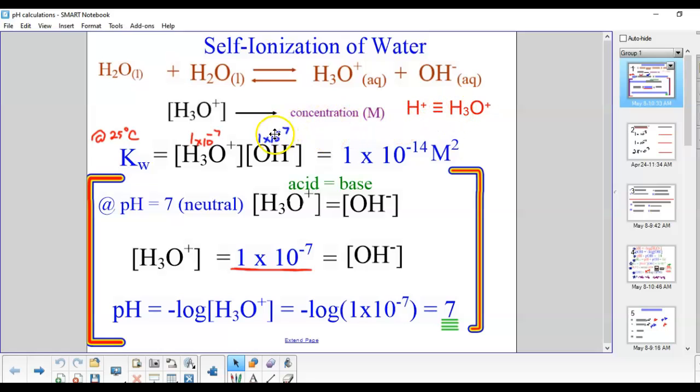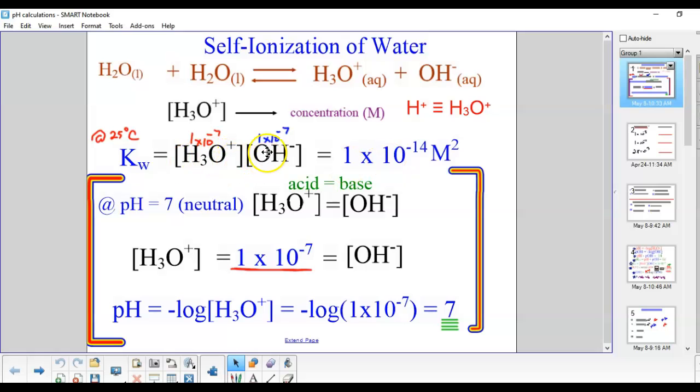Now, when you do this and you do some math, you end up with what's called the equilibrium constant for water, Kw. And it is the hydronium times the hydroxide. This value at 25 degrees Celsius is always 1 times 10 to the minus 14. These brackets represent molarity, concentration.